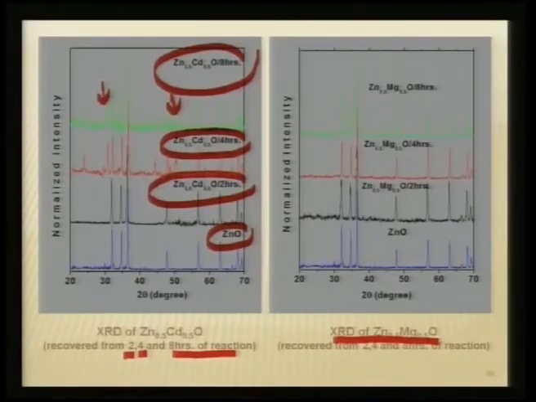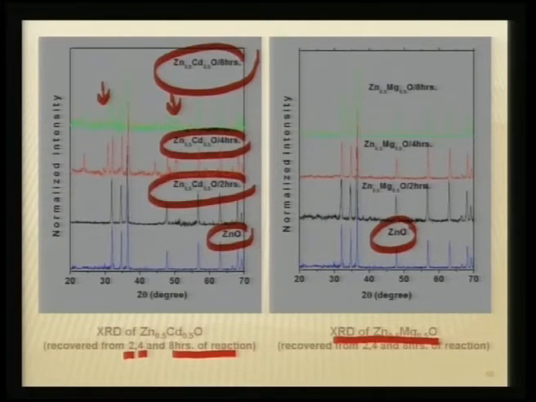Now these are the XRD features of the magnesium doped ones. You would see here 2, 4 and 8 hours. If you take the powders out and compare with the X-ray pattern of zinc oxide, you do not see any feature of hydroxide coming.